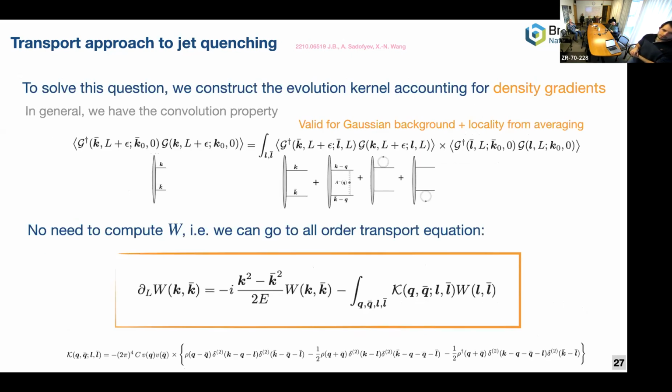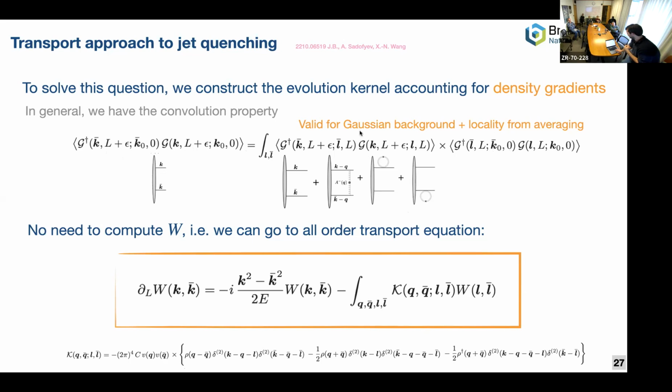But since in the kinetic approach we never compute explicitly the Wigner function but only the evolution equation, we can go further and compute the general evolution equation which resums all orders in gradients. To do this is very simple. Essentially, what one does is look at this 2-point correlator that I showed before, between 0 and L plus some small epsilon, which can always be written as the evolution from 0 to L plus from L to L plus epsilon.